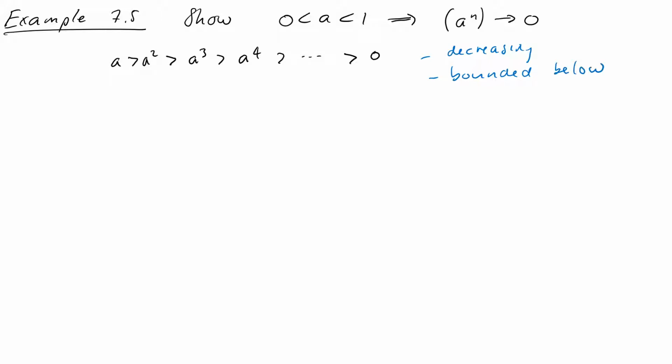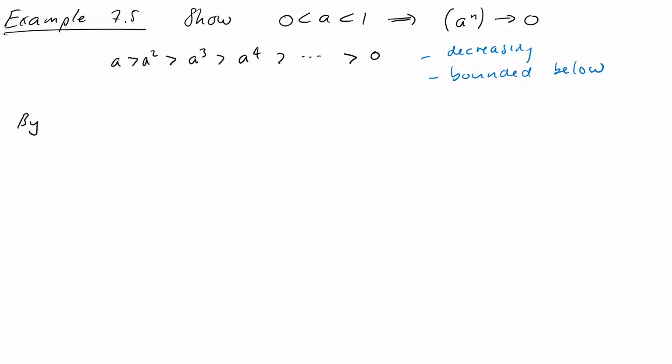Okay, now those are actually the two conditions required to use the monotone convergence theorem. It's bounded and it's decreasing, therefore we can use the monotone convergence theorem. Remember, the monotone convergence theorem says that such a sequence converges. It doesn't tell us what the limit is, but it says there is one.